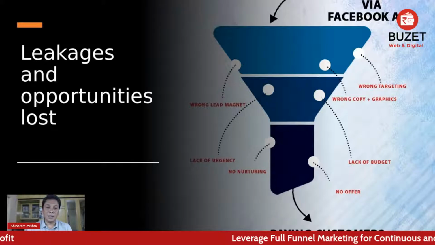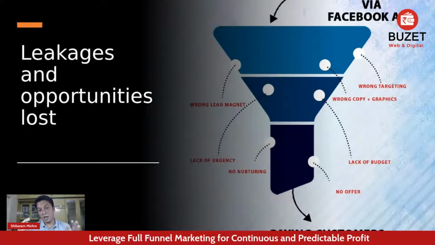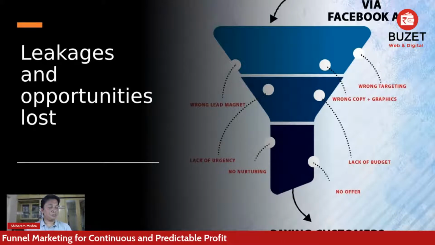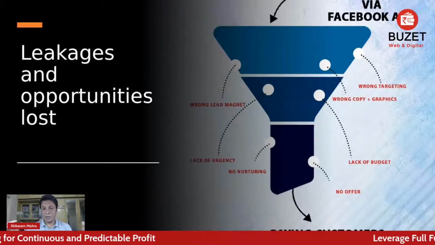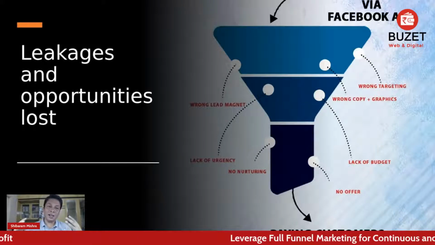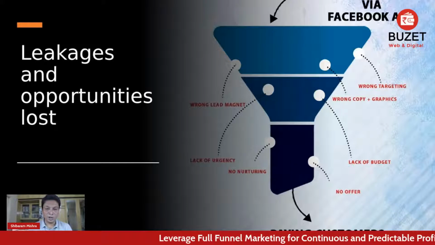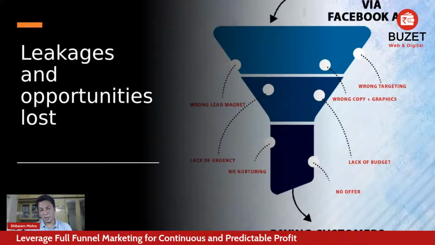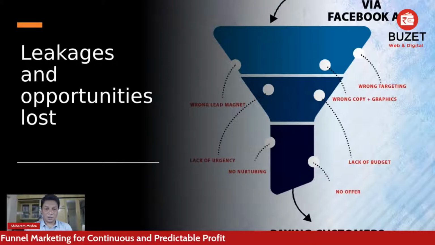It can be in the middle of the funnel, it can be lack of urgency or lack of budget. Let's say you are targeting a 20,000 rupees shirt, or maybe a high cost product, to a student. That is an opportunity lost, because you are spending money to target them and they don't have the budget.